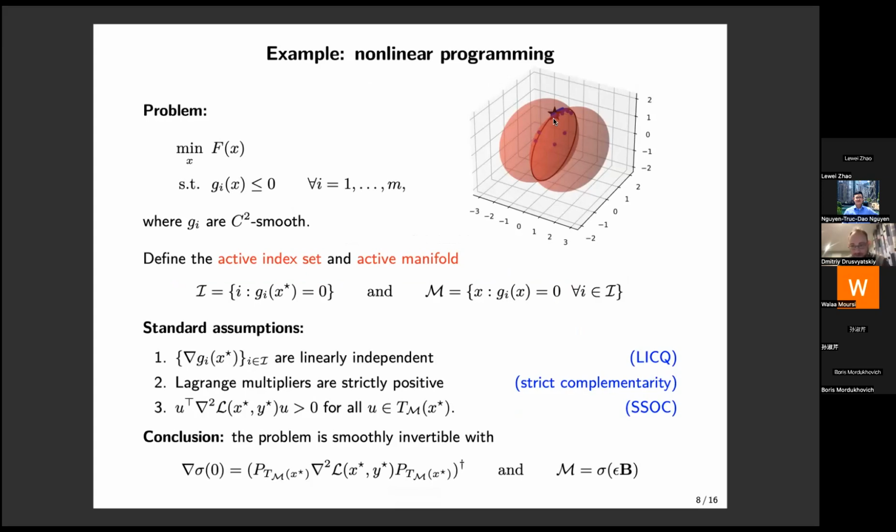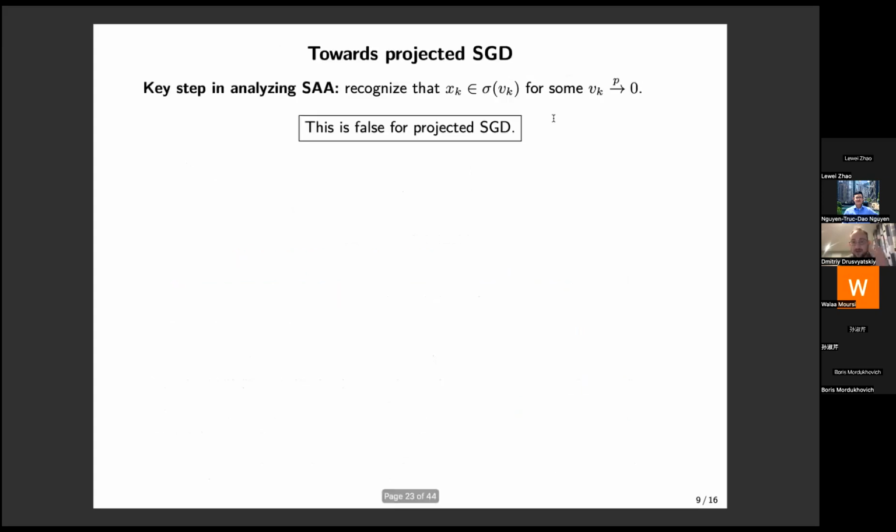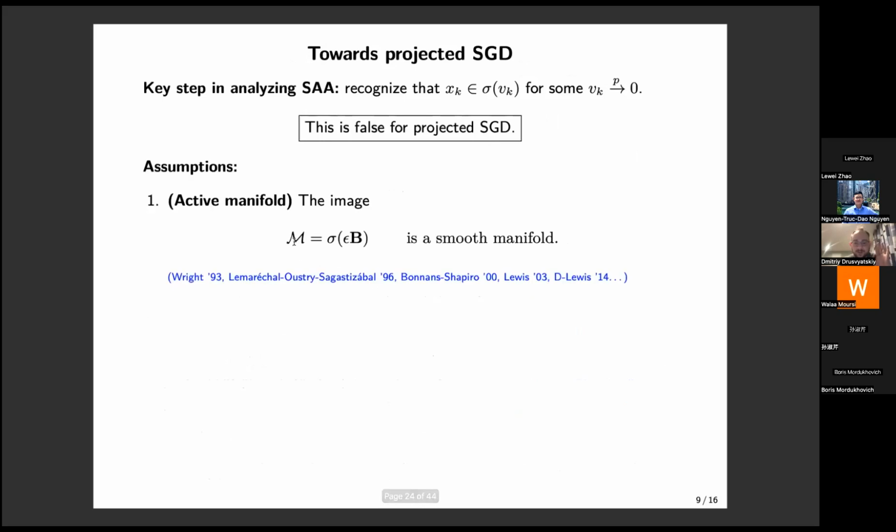Nonlinear programming is just an example, but in general, I'm going to assume that for the problem in question, if I take a sufficiently small ball of perturbations of my problem, all solutions trace out a smooth manifold. These structures are called active manifolds or partly smooth manifolds. There are different names, and they've been around for a very long time. This is just a different way to define them.